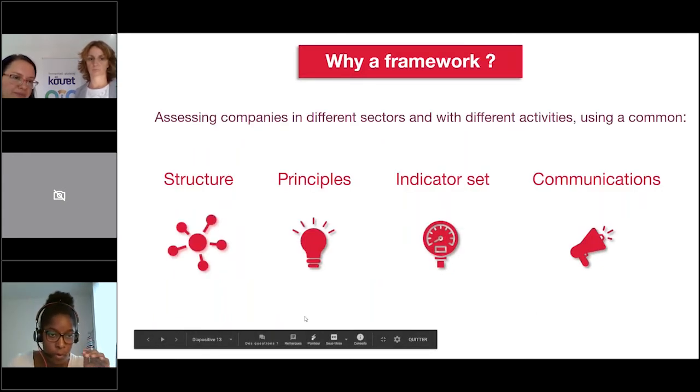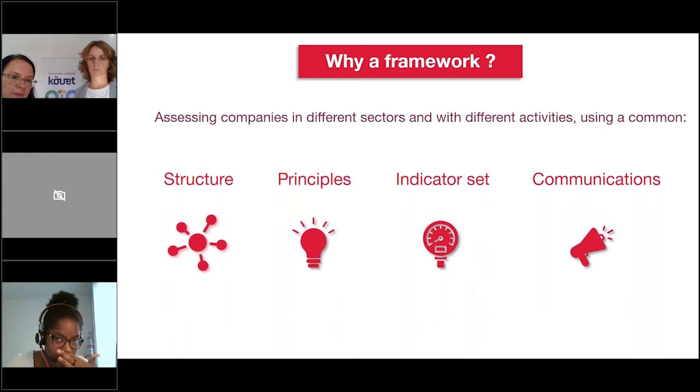The framework. So as I said, ACT is a framework. Why do we talk about a framework? We are assessing companies in different sectors and with different activities using a common structure, common principles that guide us in our decisions, a common indicator set, and a common format.